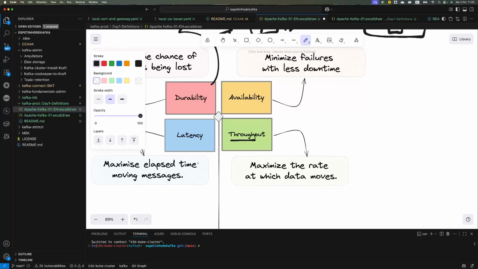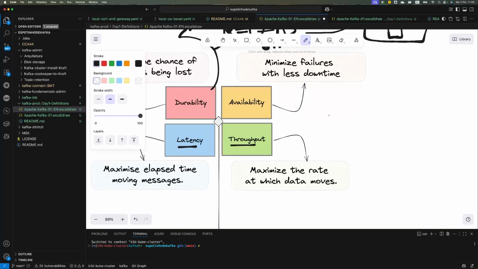And the same goes for latency. Latency is the elapsed time for messages to move end to end, from the producer to the broker to the consumer. So with Kafka you can produce messages to the broker very quickly, and consume these messages from the broker very quickly, right?